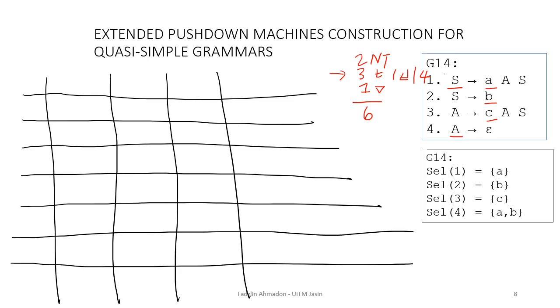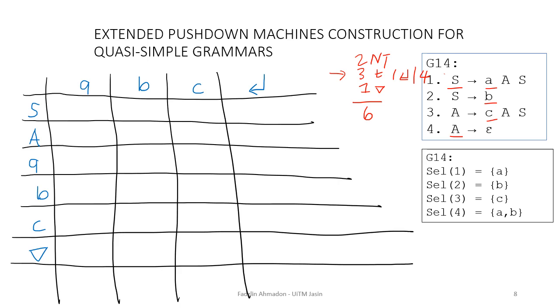I apologize for how not straight my lines are, but the content is what matters, right? Then I'm going to fill up the rows with all symbols. We start with the starting non-terminal S, and then non-terminal A, followed by all the symbols A, B, C, and the bottom marker. As for the columns, all terminal symbols only: A, B, C, followed by the end marker.